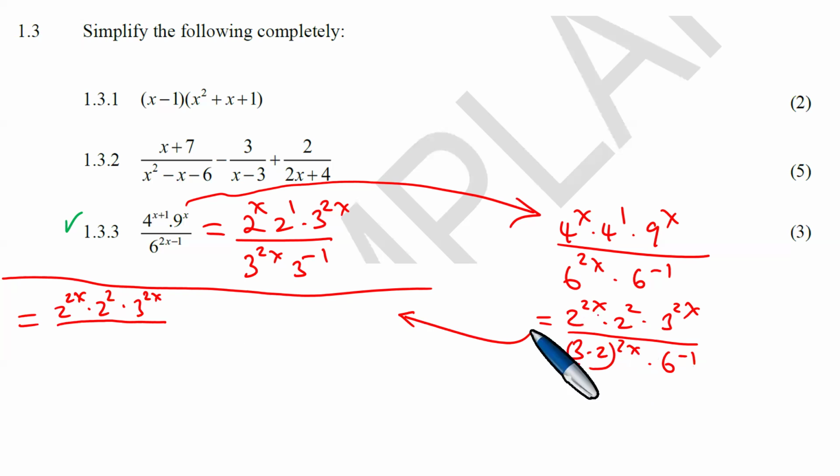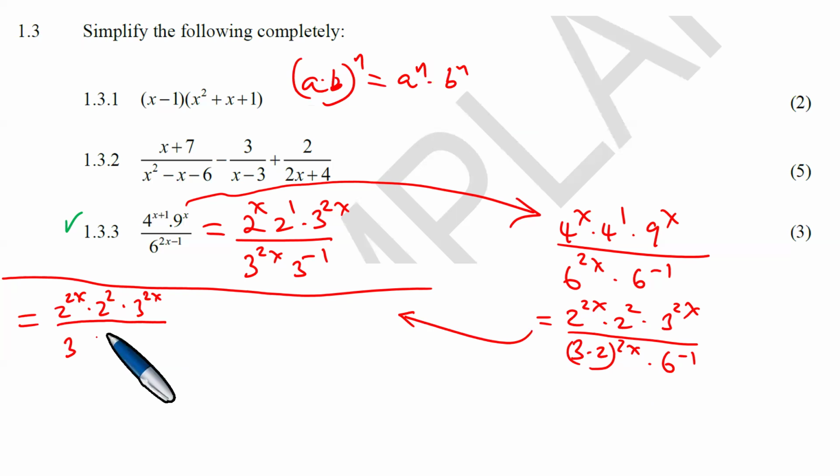The 2 and the 3 are useful here. So you're using the law of exponents: a times b to the nth power is a to the power n, b to the power n, which gives 3 to the power 2x, 2 to the power 2x.